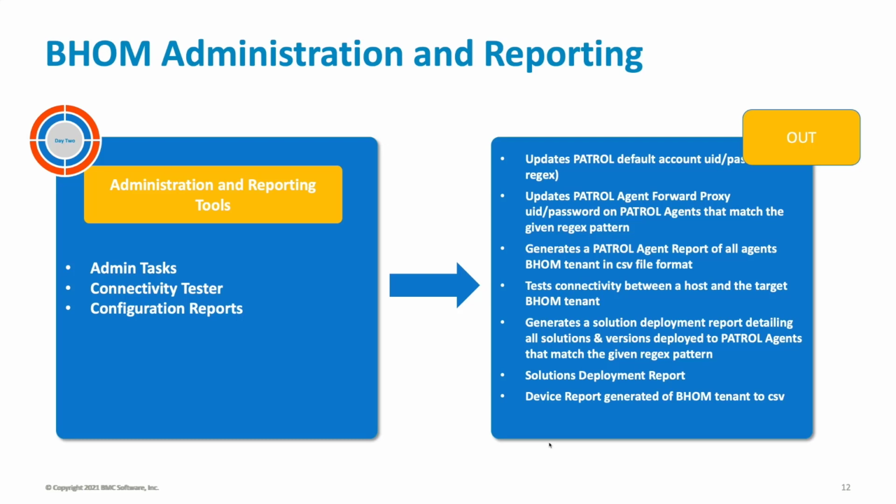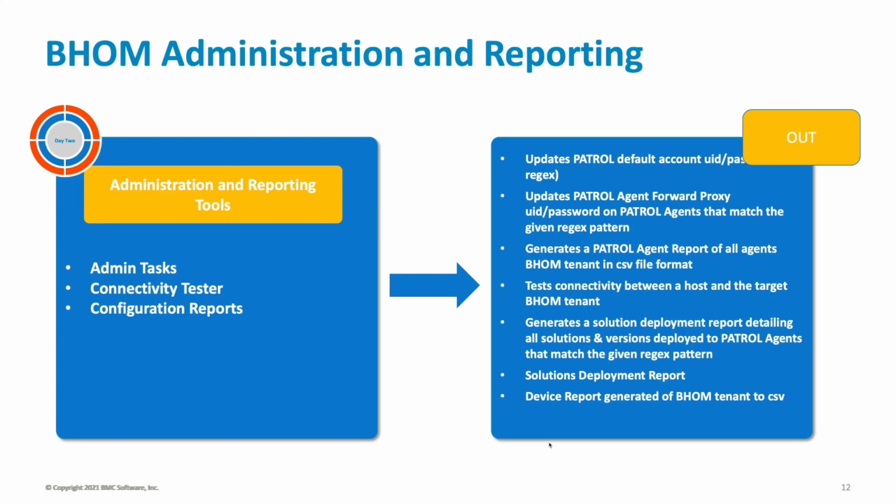So besides the tools that we've just been looking at, which were focusing basically on the plan and prepare phase of a migration project and the validate and build phase of the project, we also provide tools for the third phase of the project, when you're running your system in production. These tools help you fulfill certain administrative tasks. Things like updating the PATROL default account, or updating the forward proxy for the PATROL agents.